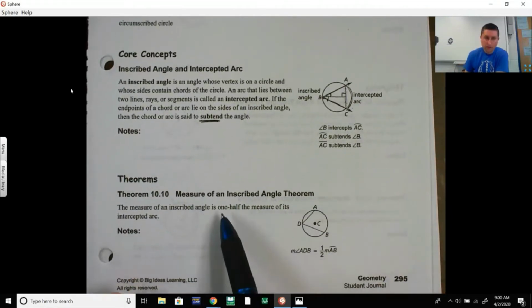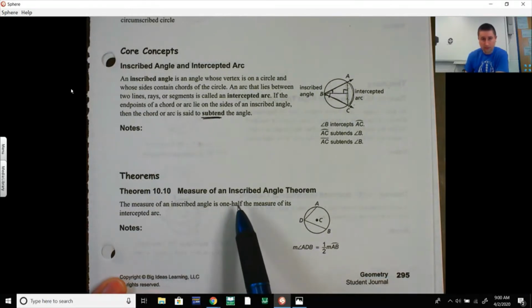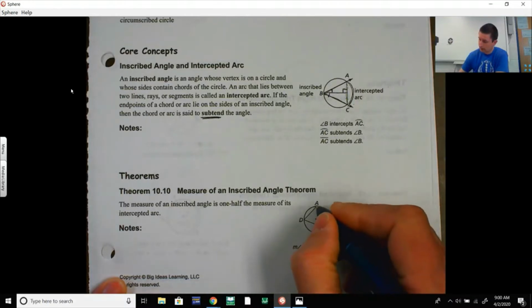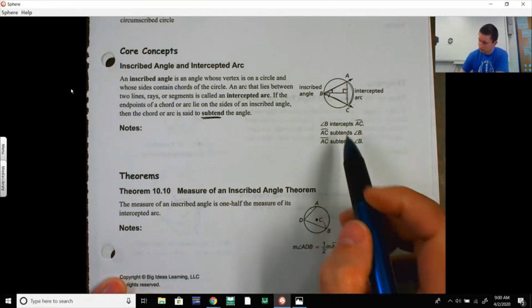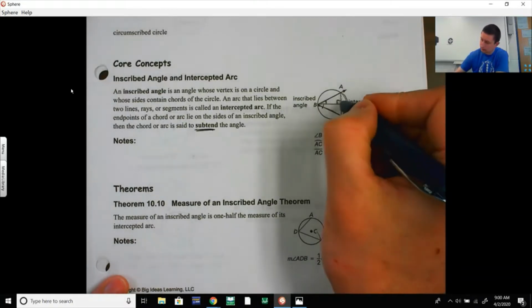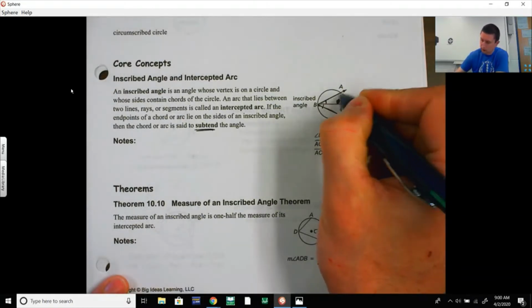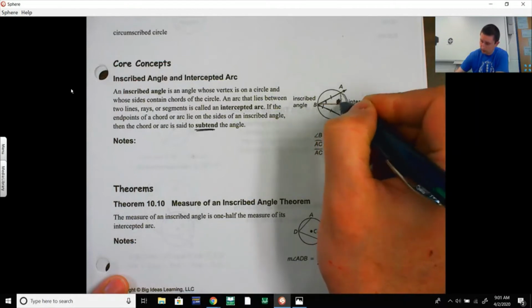So, the measure of an inscribed angle is 1/2 the measure of its intercepted arc. So, if here's ADC, I got to back up a little bit. If you have this angle bisector, this 90 degree angle may not necessarily be there. It could be there if those are congruent. If you know those are congruent, then it would be there.